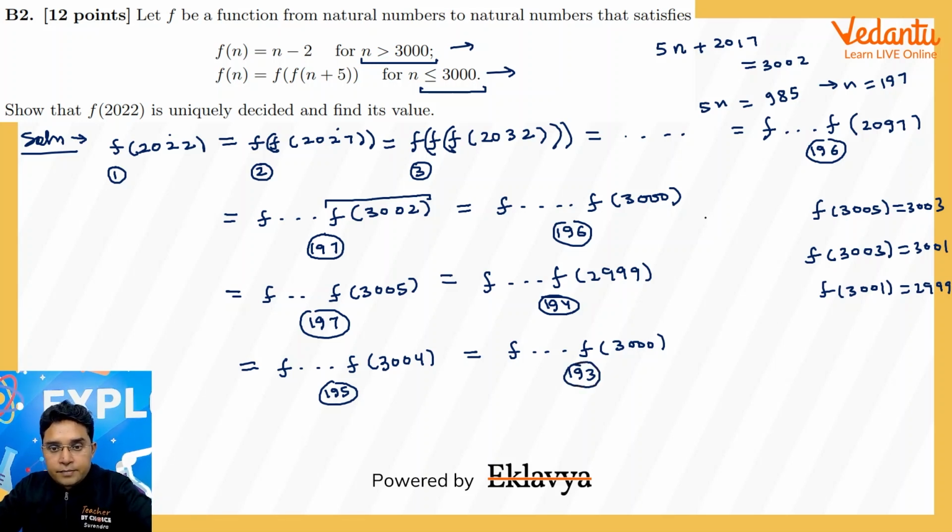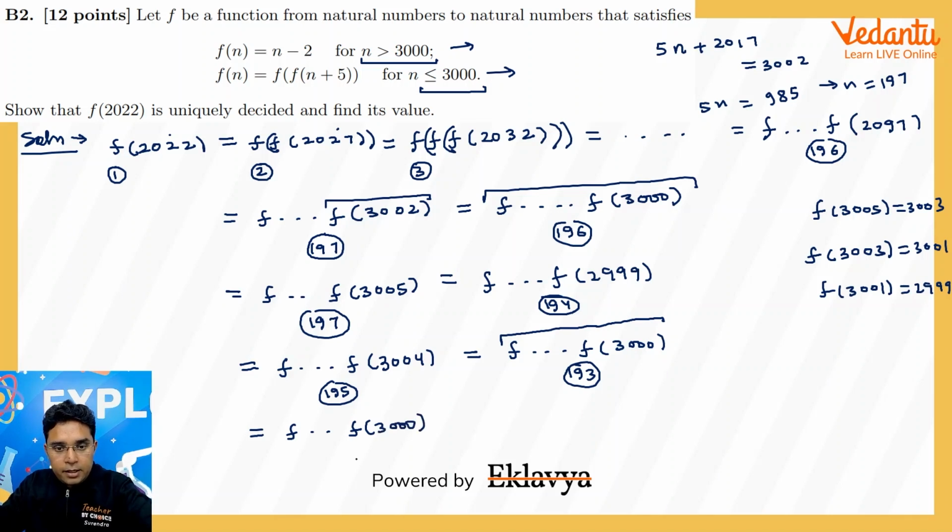Now you can see we got f of 3000, in which f was appearing 196 times, and here once again we are getting f of 3000, in which f is appearing 193 times. Now I think we can assume that the same process will follow, and next time when I get 3000 once again, the appearance of f would be, I think, 190 times.